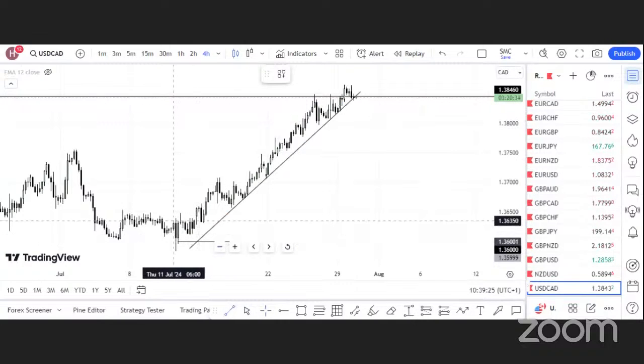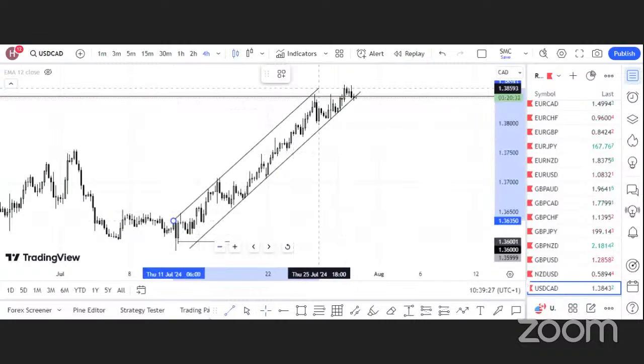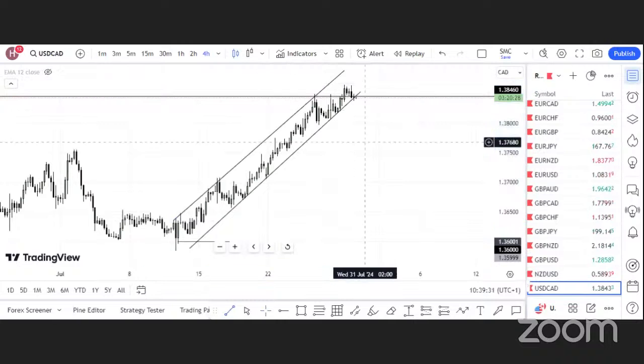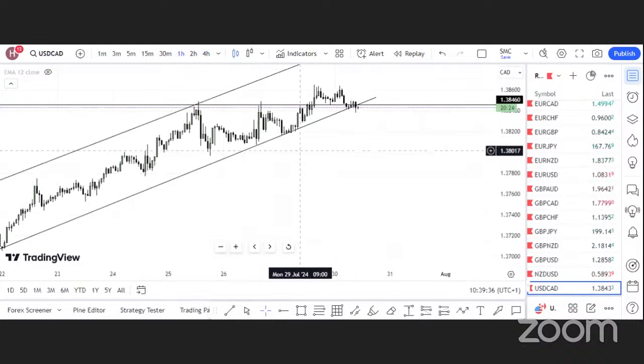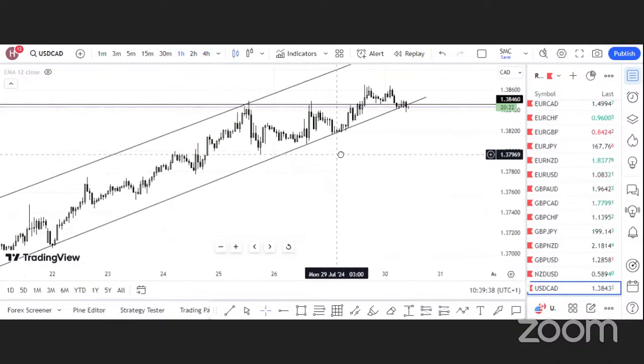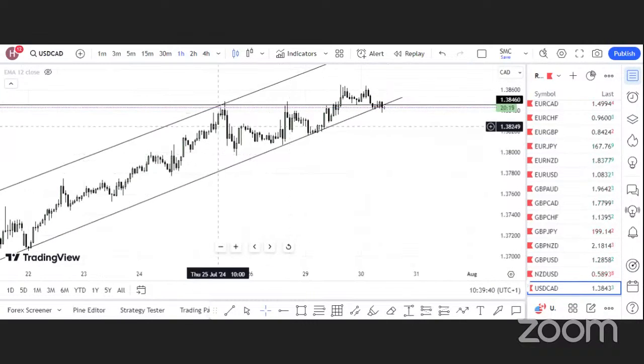The market is currently on a resistance zone. This is the 4 hour time frame. Now let's switch back to the 1 hour time frame. So on the 1 hour time frame, you see this is the level.